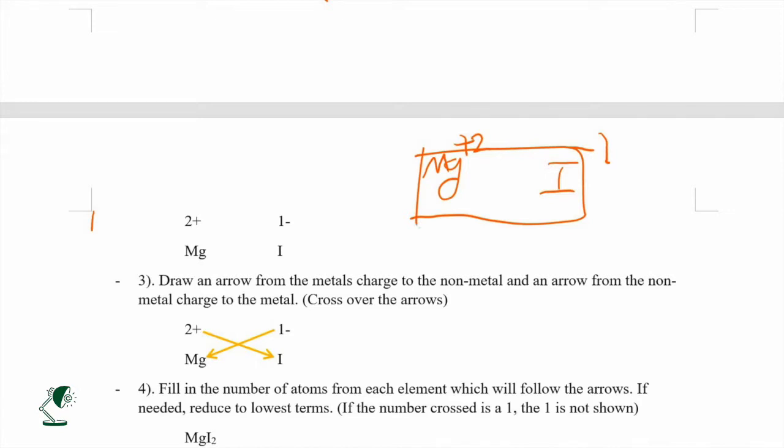This is called the ionic charge, and this is the number we're supposed to use when we make ionic compounds. Okay, so you're going to write 2+ above magnesium and 1- above iodine.